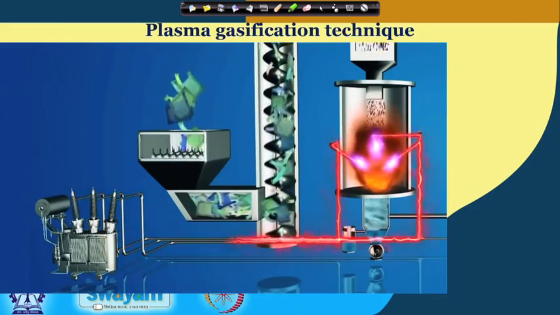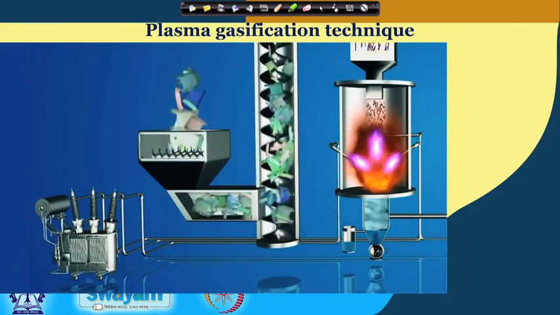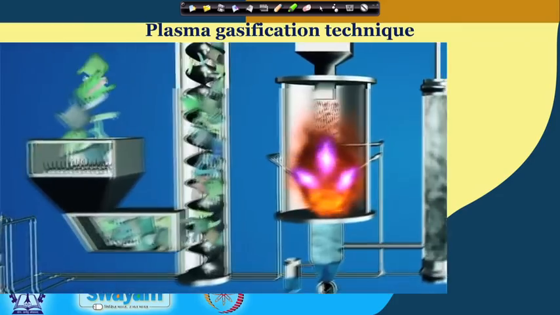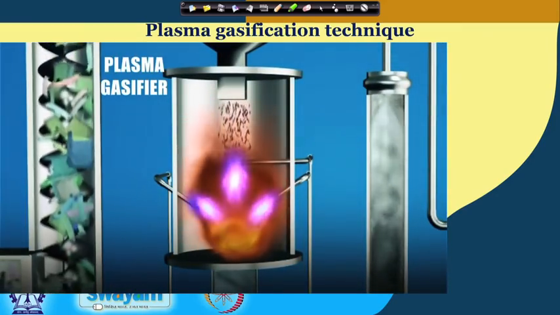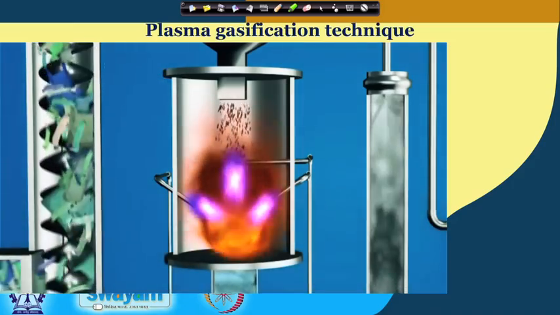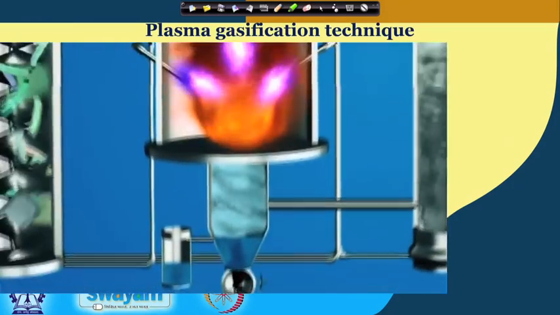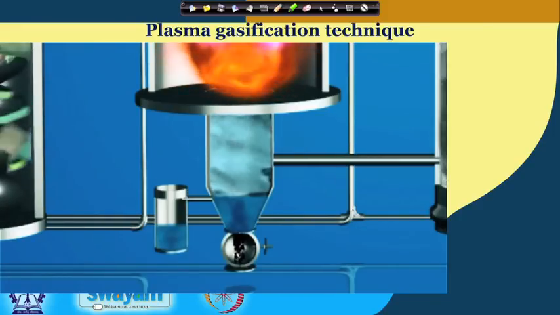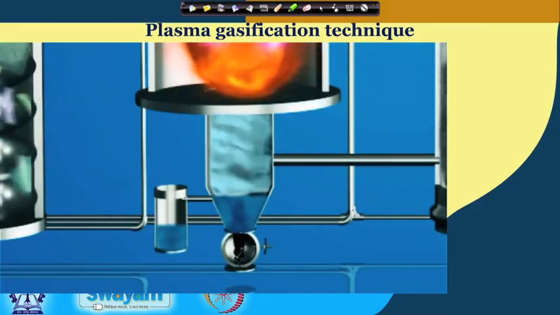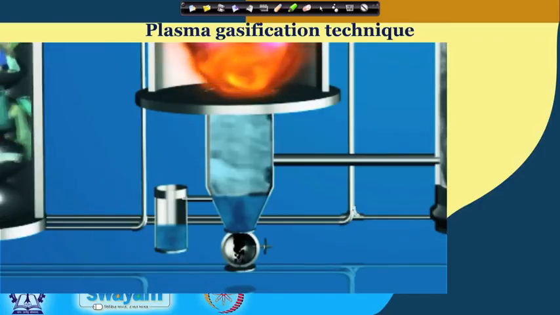A transformer supplies necessary voltage to the graphite and carbon electrodes fixed inside the gasifier. As a result, a very high temperature, over 3000 degrees Celsius, is generated at the sparking zone. A slag removal system at the bottom of the gasifier drains slag continuously in a water pot.